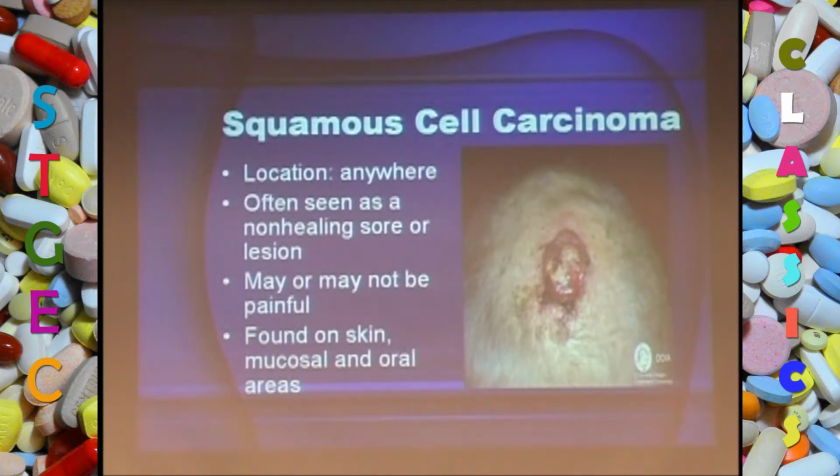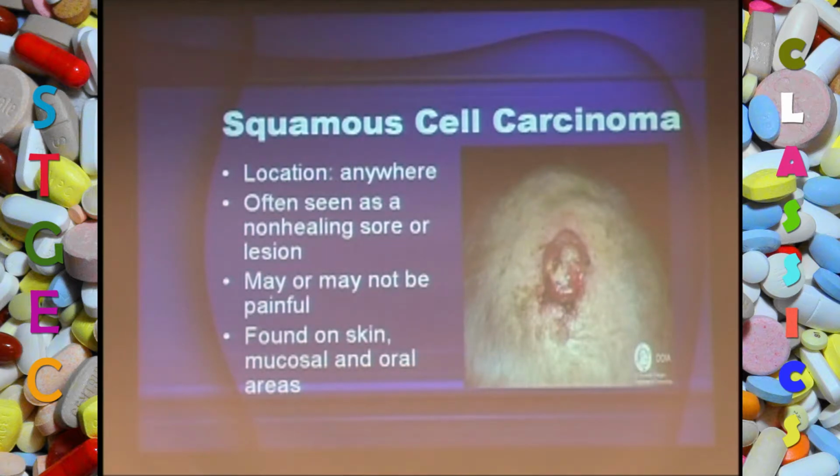These can also be found in the genital areas as well. And typically the squamous cell lesions found within the oral mucosa or the genitalia tend to have a higher association of metastasis and can be particularly challenging to deal with.